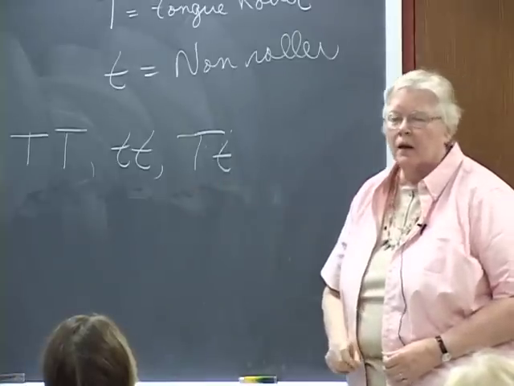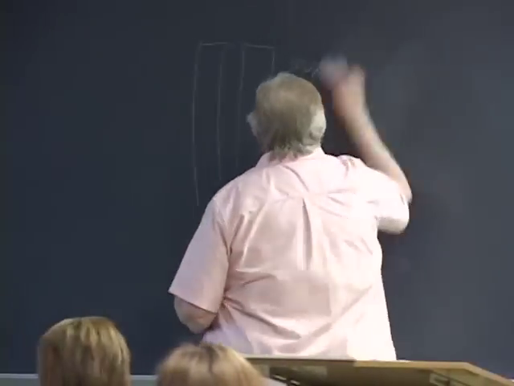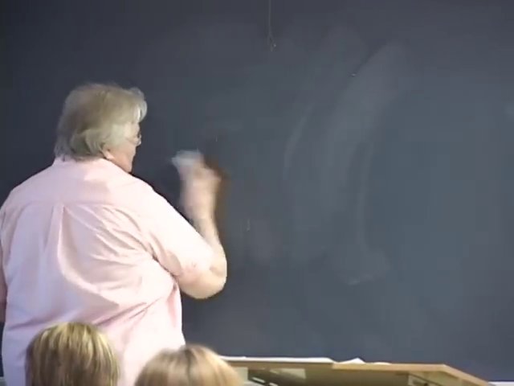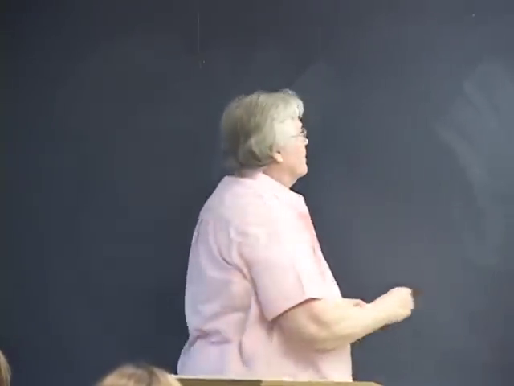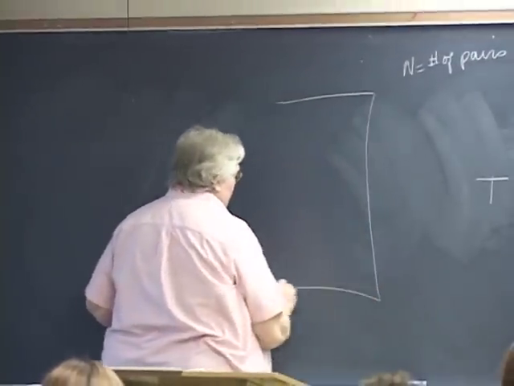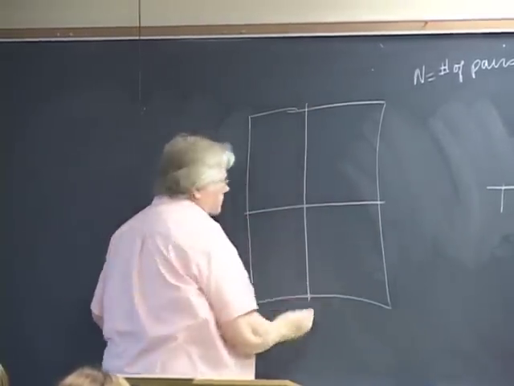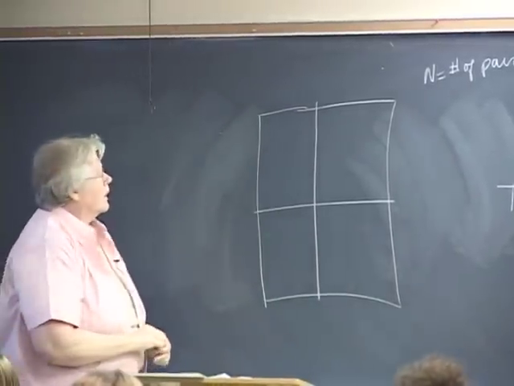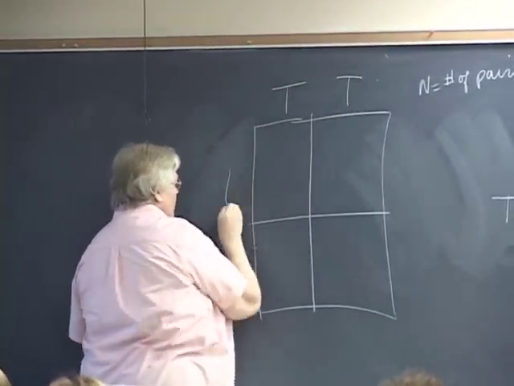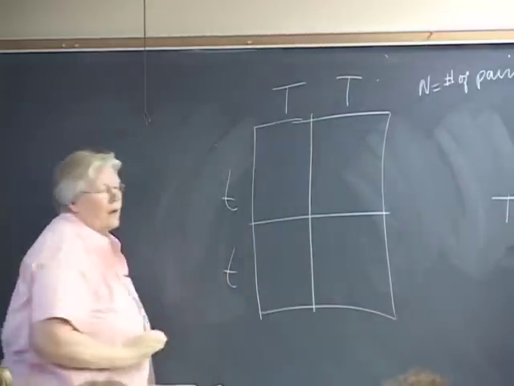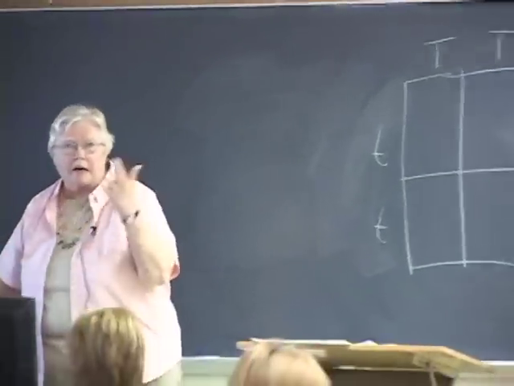All right? So now we come to something called a Punnett square. And a Punnett square is a way of predicting possibilities. Okay. So what we're going to talk about is what happens if.